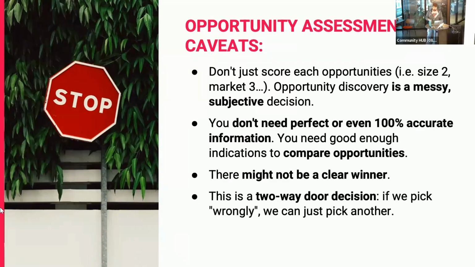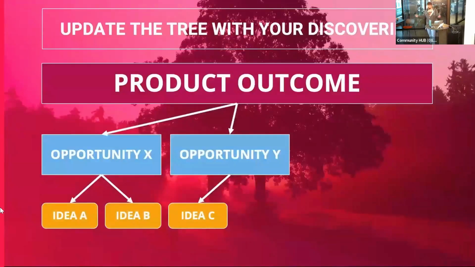If you pick wrongly, you can just go back through the same door and pick another one. So this is not about spending weeks, months, years figuring it out. This is about days, maybe hours even. So you just start, and then you update the tree.